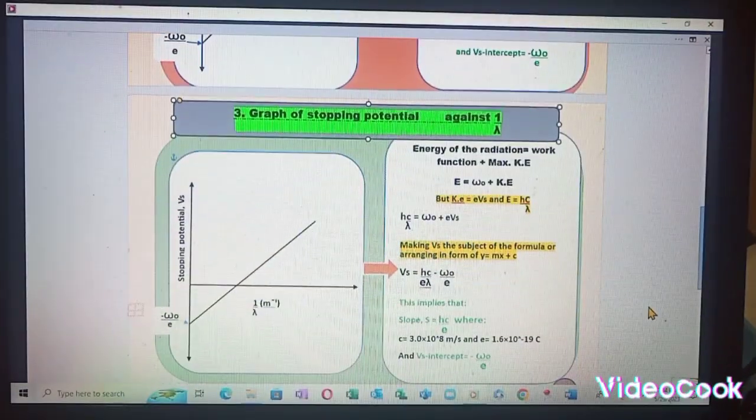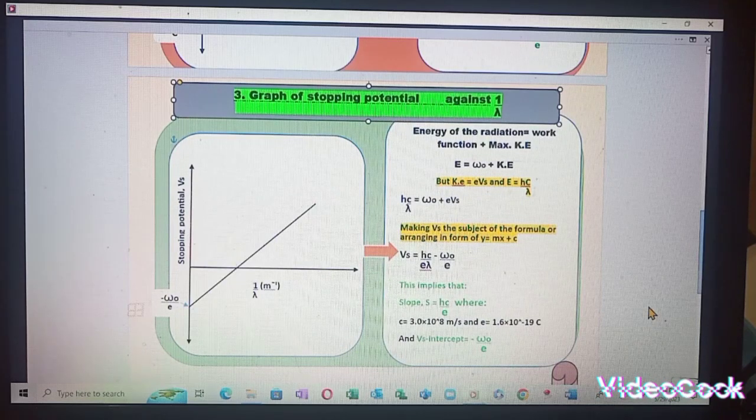We have energy equals W naught plus kinetic energy. So first of all, we need Vs in the equation, and we also need wavelength in the equation.